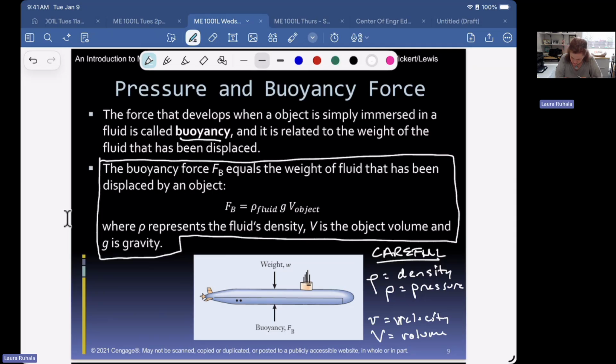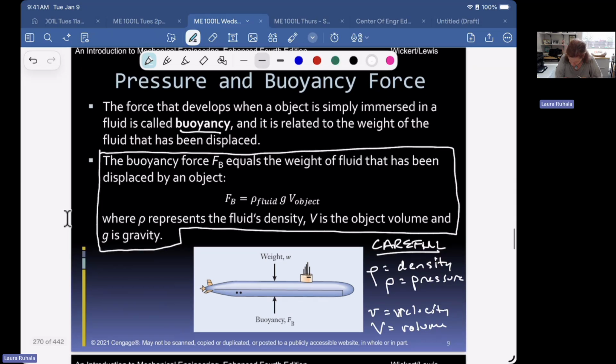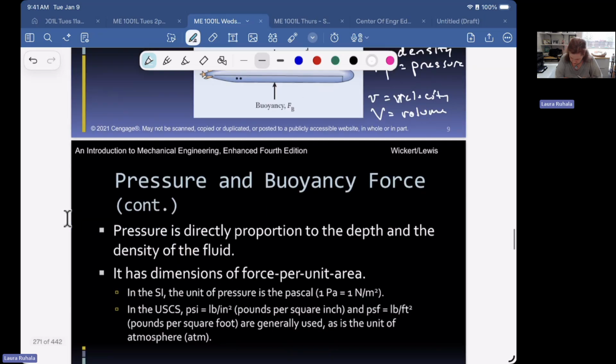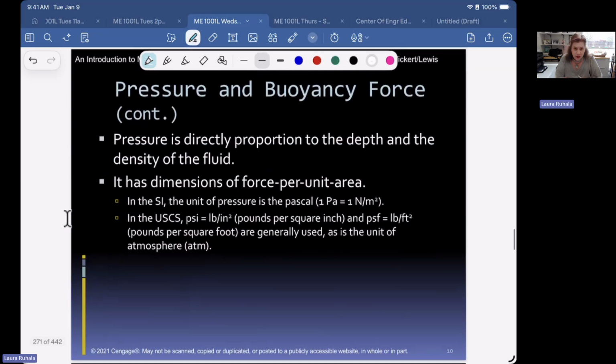So the buoyancy force is the weight of the fluid that's been displaced. And the pressure is going to be directly proportional to the depth and the density of the fluid. The pressure would have dimensions of force per unit area, so we'd use Pascal or PSI.